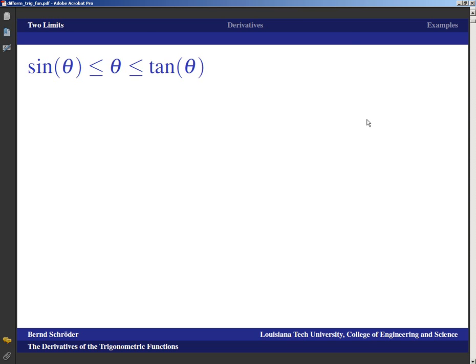So even though the proof may not have any direct impact on what you're going to do in the future, the idea of the proof is well worth at least seeing once or twice.